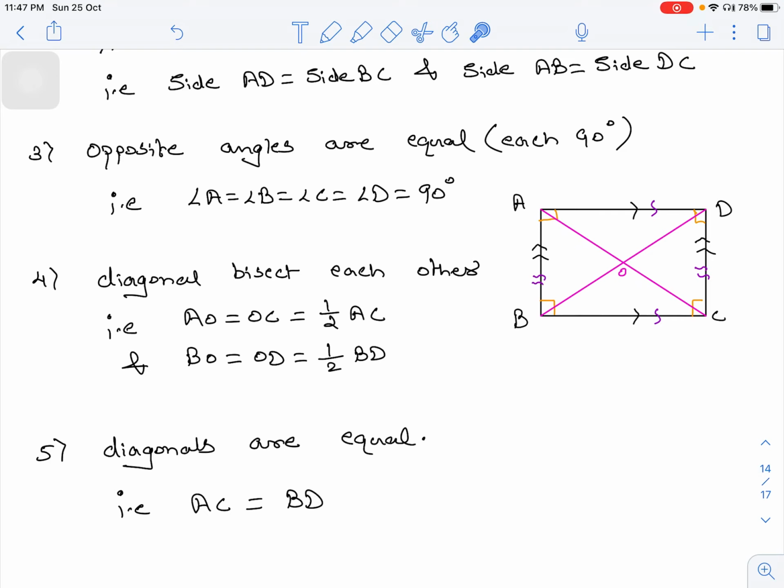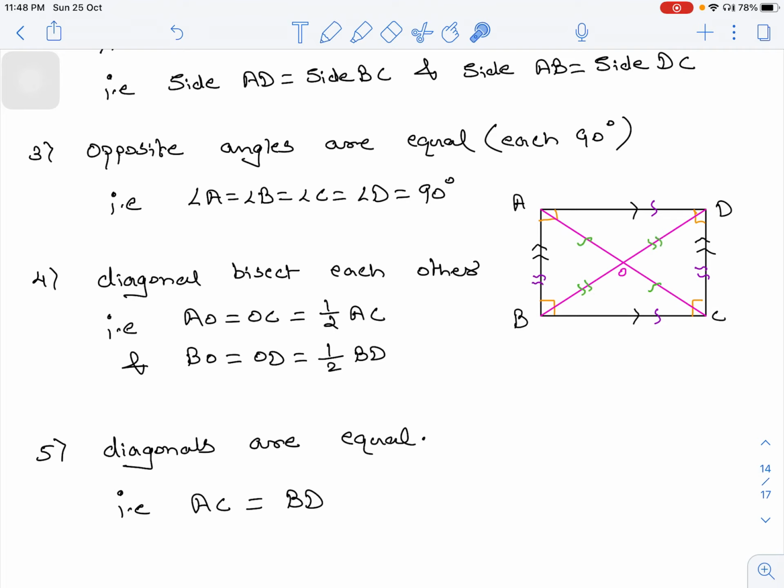The next property is that the diagonals bisect each other. Here we have our two diagonals, AC and BD. They both intersect each other at point O. So we can say that AO is equal to OC and OB is equal to OD.